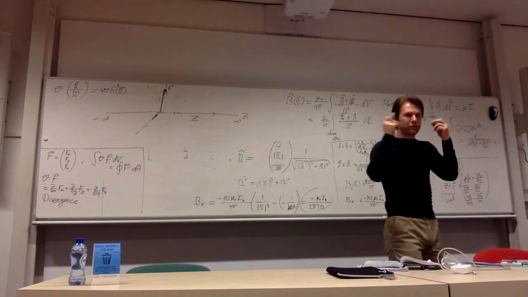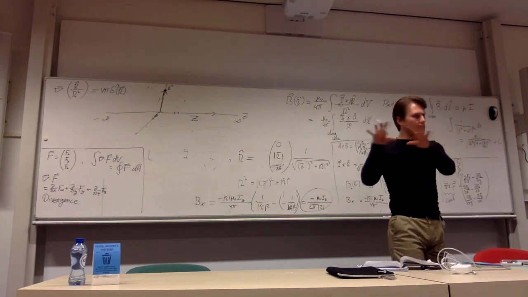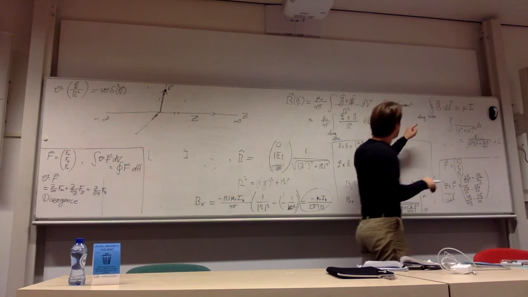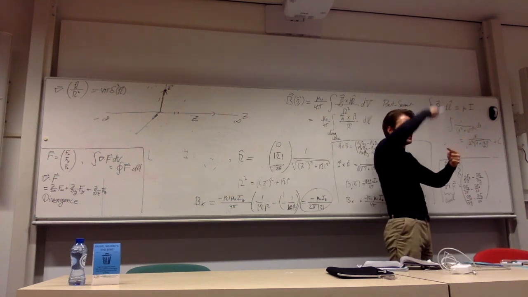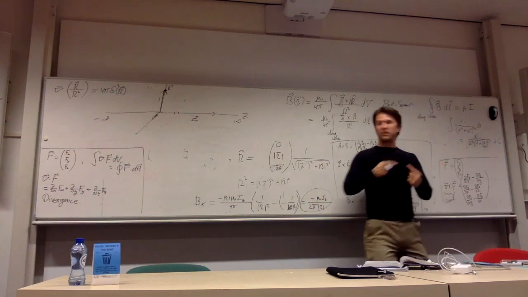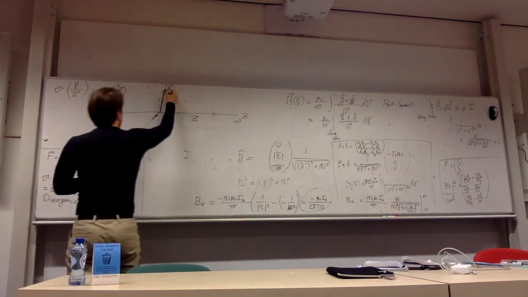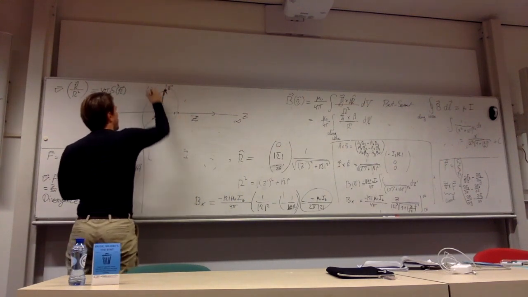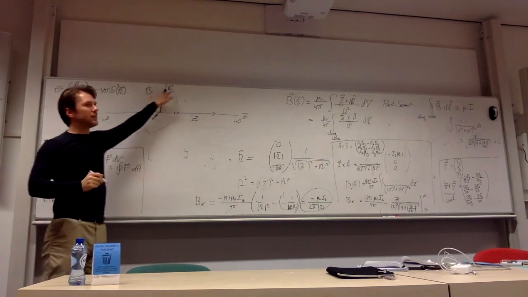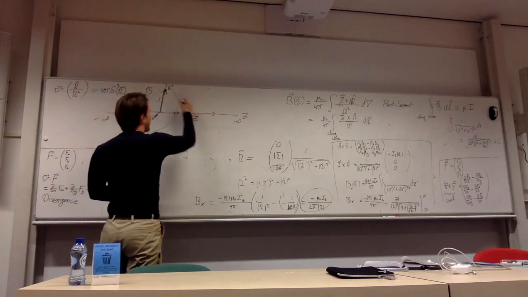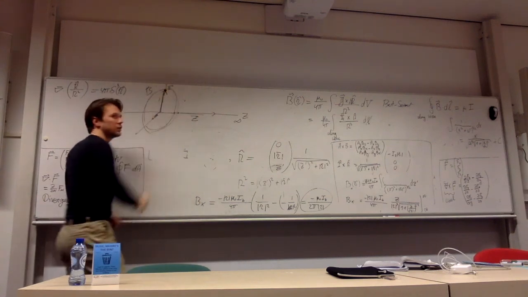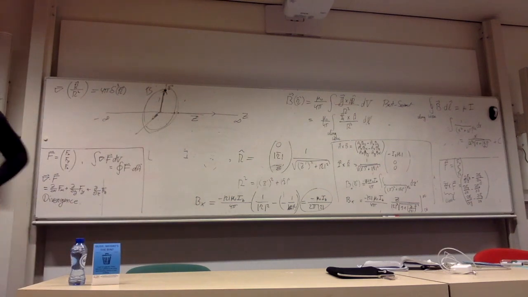And then this Stokes rule, that I didn't explicitly work out, tells you the same thing is going along the circumference. So if I want to know what the B field is at this point, I don't have to integrate over this. I can just integrate over the circumference of my circle over there. That's what that rule says.